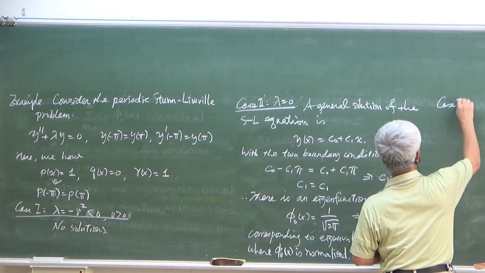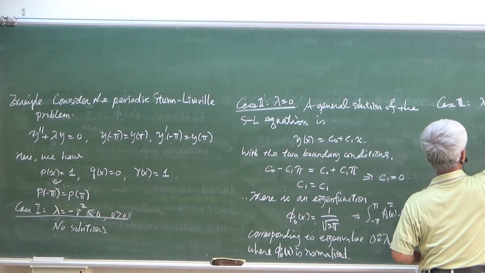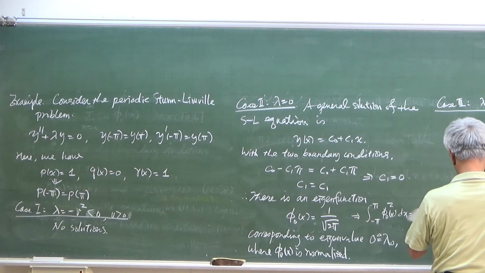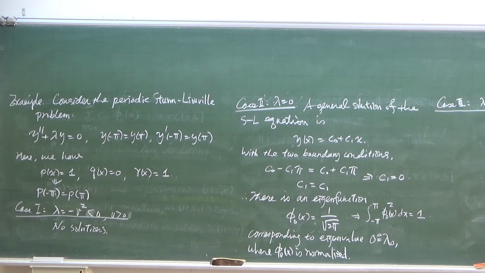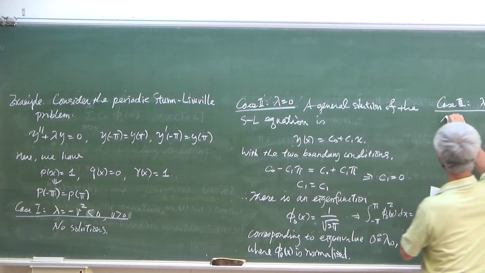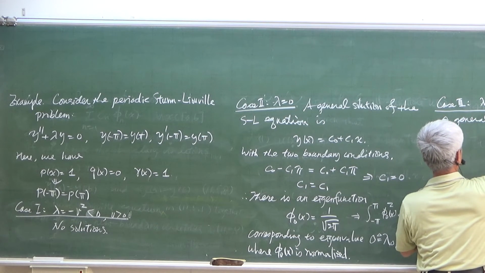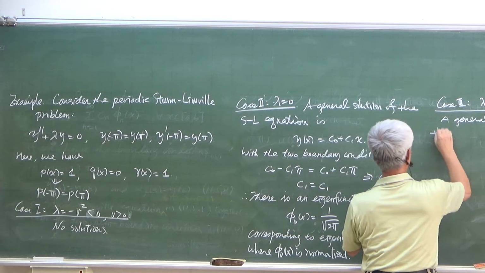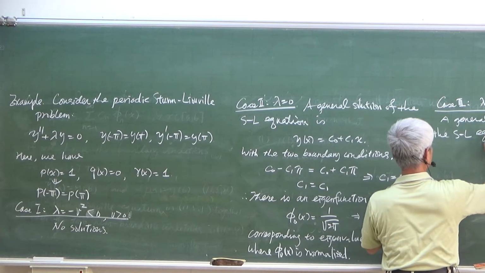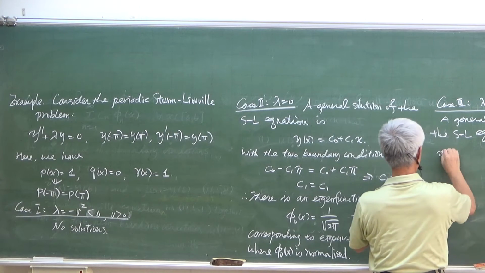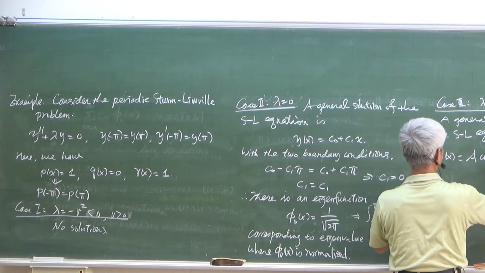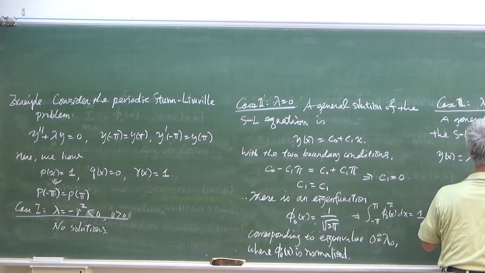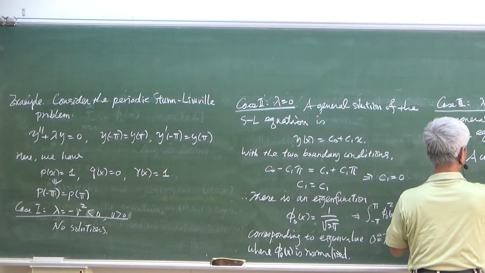Case 3, λ equals μ squared. In this case, the general solution of the Sturm-Liouville equation is A cosine μx plus B sine μx.